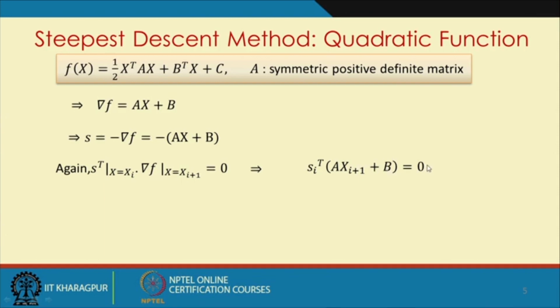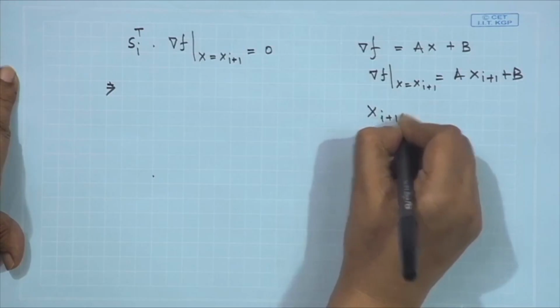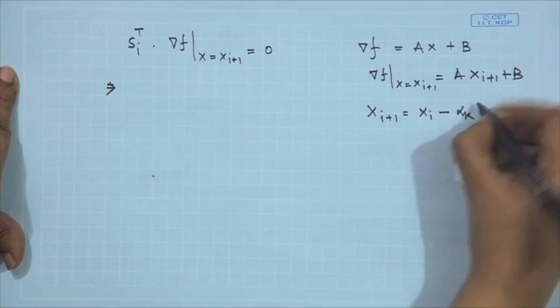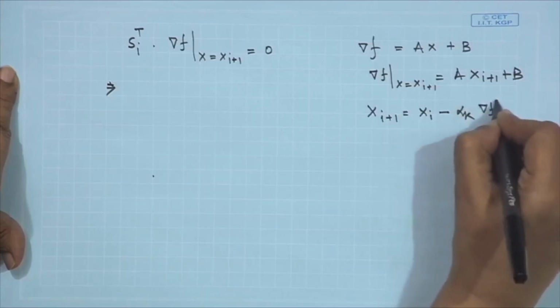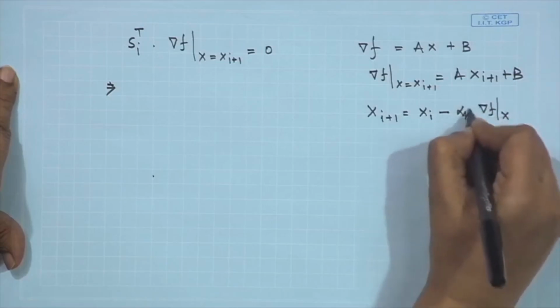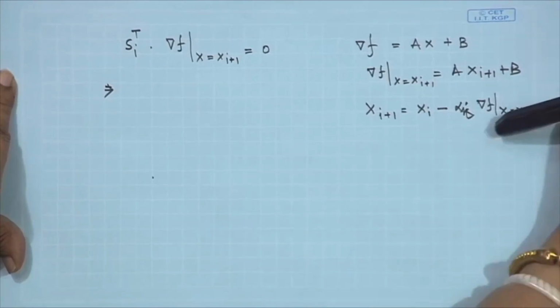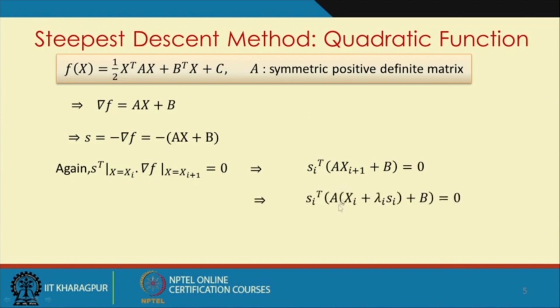What else do we know? We know that xi plus 1 is equal to xi minus optimal alpha k into grad of f at x equal to xi, we know that. That is why if we just substitute that fact here, then we can write a of xi plus 1, instead of alpha, here it has been considered as lambda, this way there is no harm to it, all right.